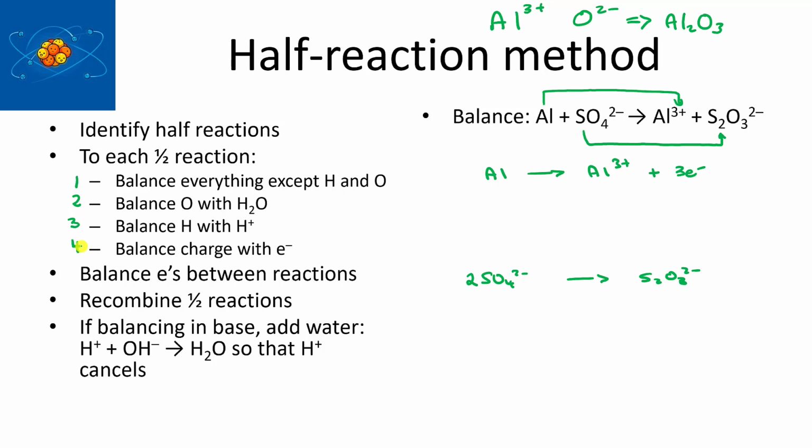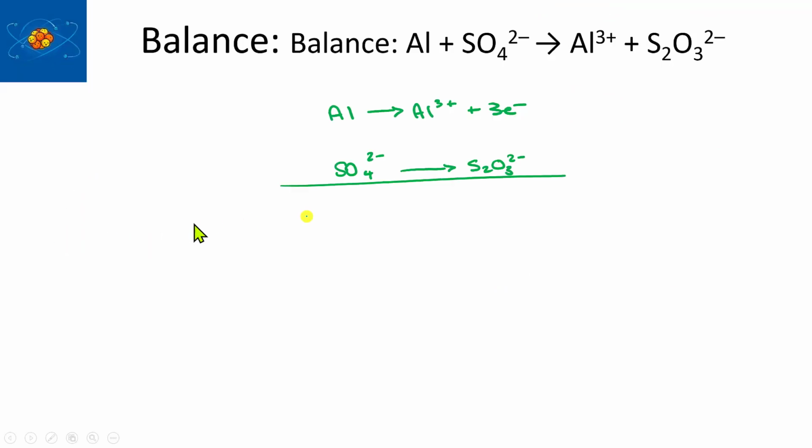Those are my steps. So in step 1, I'm going to be doubling my sulfate by multiplying it. So then I have 2 in front of the SO4 2 minus.